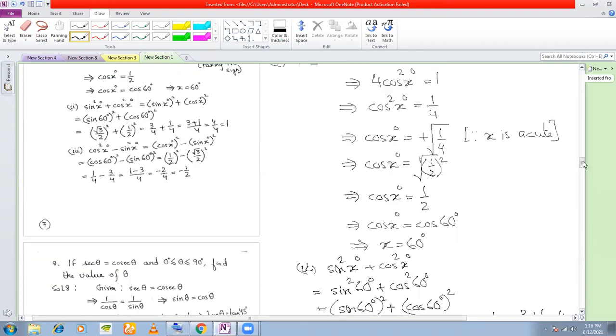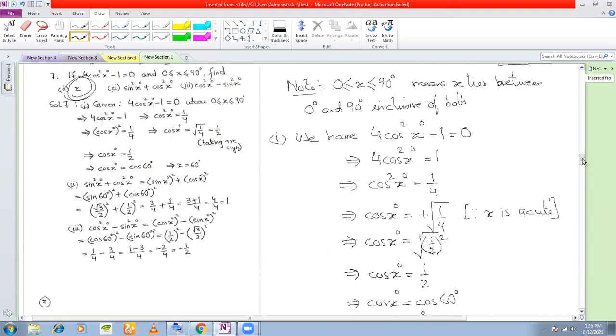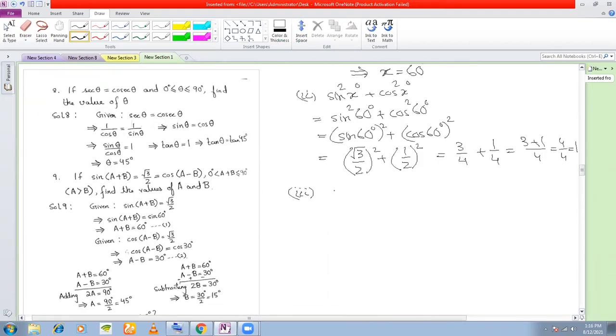And the third question you see here is cos square x degree minus sine square x degree. Exactly in a similar manner, put x is equal to 60. This is cos 60 degree square minus sine 60 degree square.